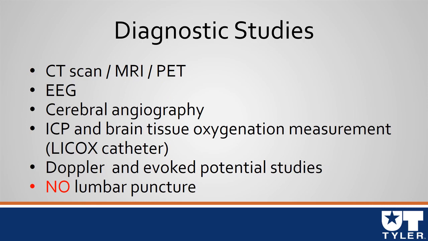A PET scan, positron emission tomography, is also used to diagnose the cause of increased ICP. Additional tests include EEG, cerebral angiography, ICP measurement, brain tissue oxygenation measurement through a Licox catheter, transcranial Doppler studies, and evoked potential studies.